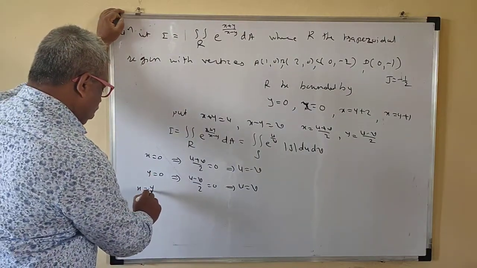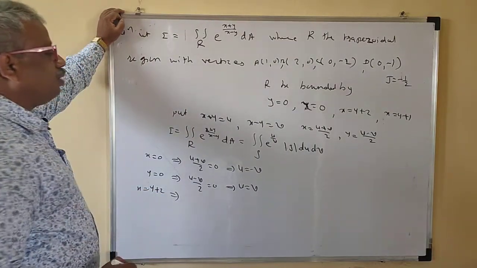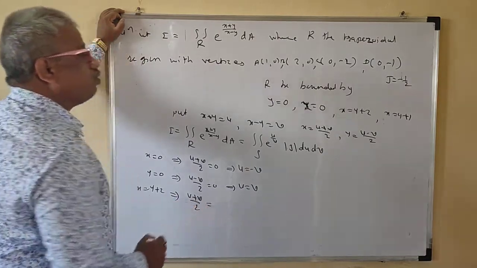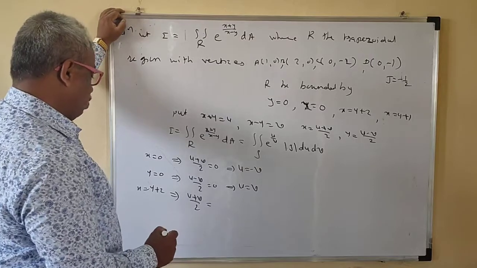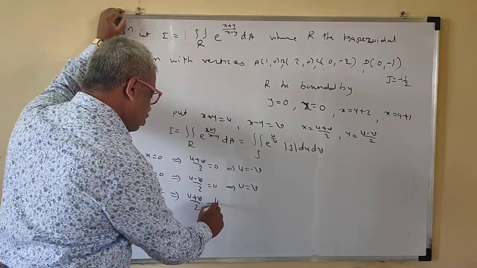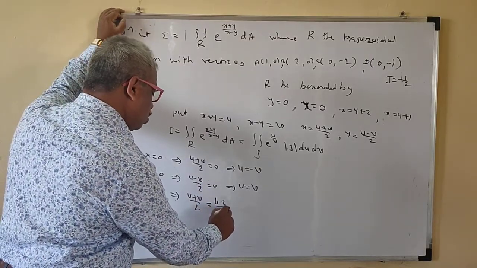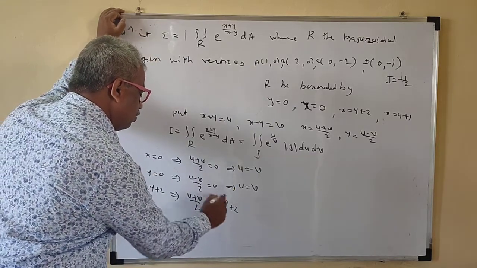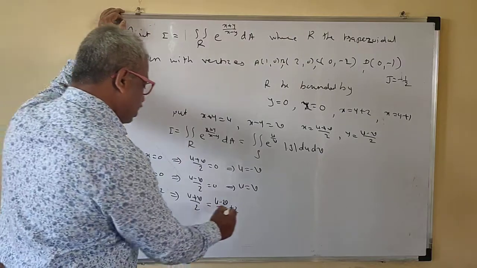So x is equal to y plus 2, which implies (u plus v) upon 2 is equal to y plus 2, where y is (u minus v) upon 2. First we will multiply by 2, so this is u minus v. We will take care everywhere.